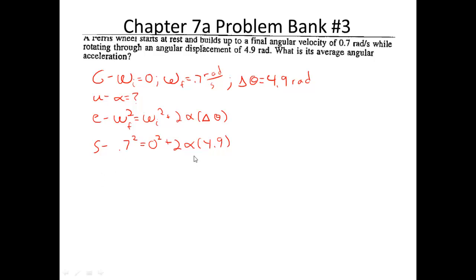Let's divide by 9.8. Our solution will be 0.7 squared divided by 9.8. So alpha is equal to 0.05 radians per second squared.